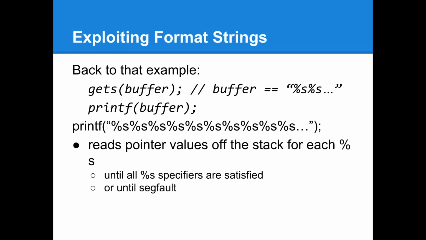For instance, if you have a format string vulnerability where you just print the user buffer and you pass it %s's, it's going to read each value it finds on the stack for each %s as a pointer and dereference it and continue until it seg faults or until all the specifiers are satisfied.